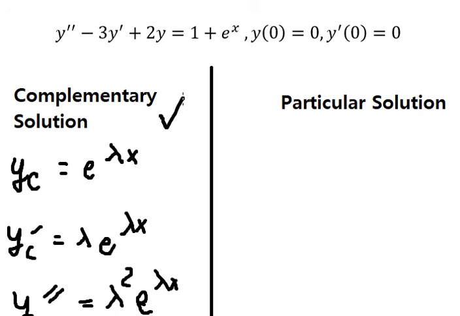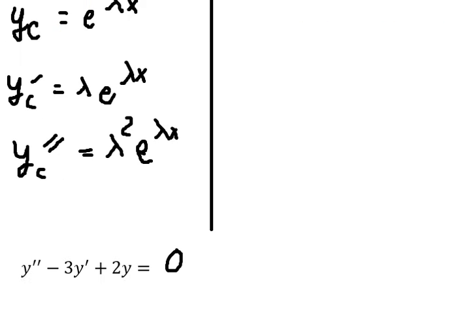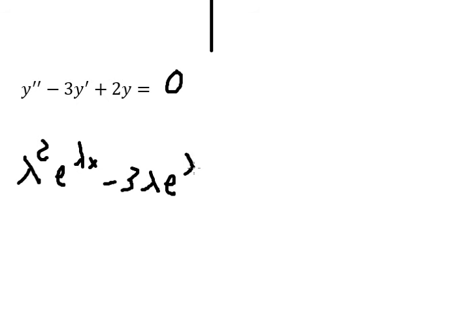Because this is the complementary solution, I will set this equal to 0. I will put this one here, this one here, and this one here. So we have lambda squared e to the power of lambda s minus 3 lambda e to the power of lambda s plus 2 e to the power of lambda s.